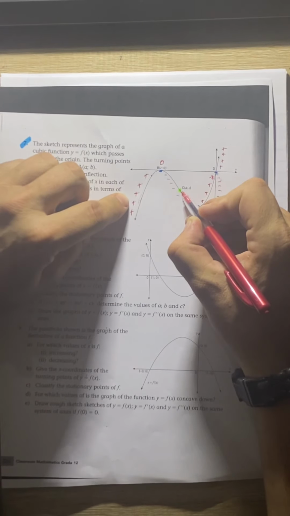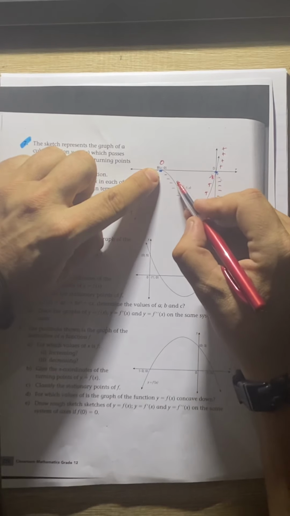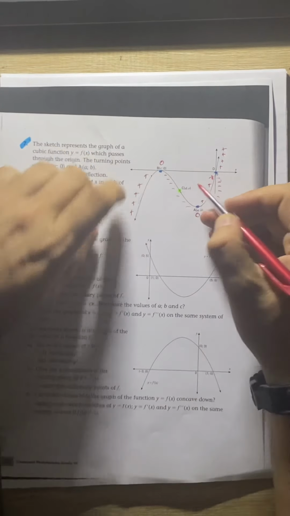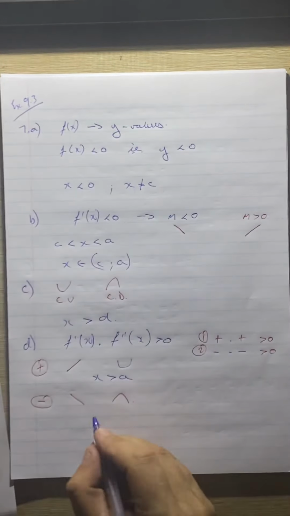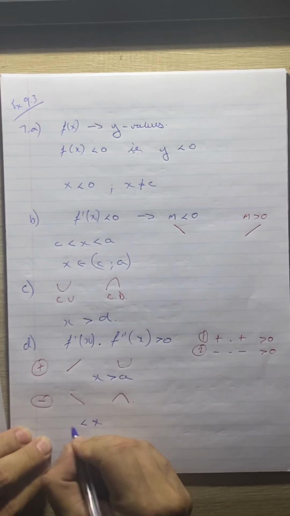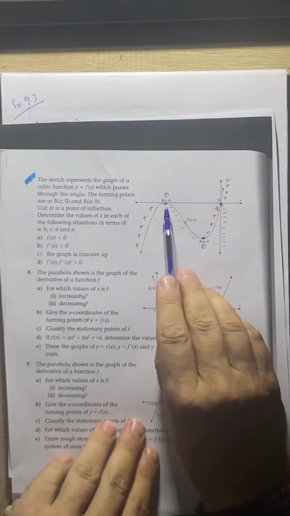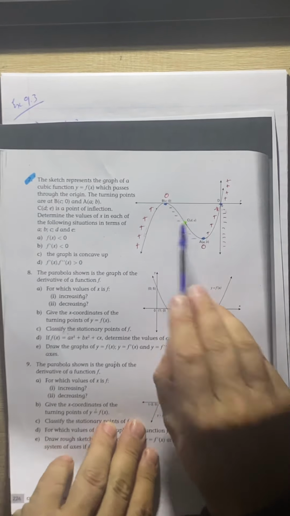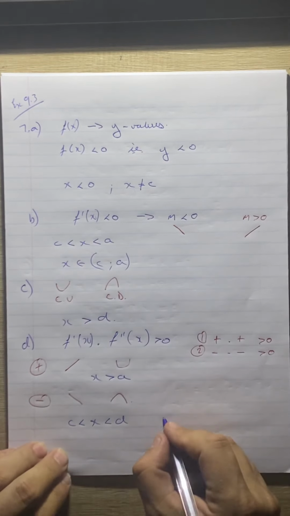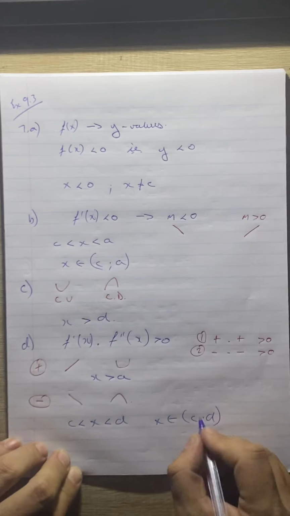We need our gradient to be negative, and you can see our gradient is negative from C up to D. So our second part here would be x is greater than C but less than D. Another way of writing this is x is an element from C to D, both exclusive.